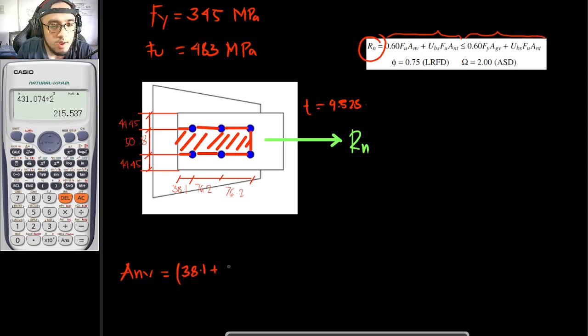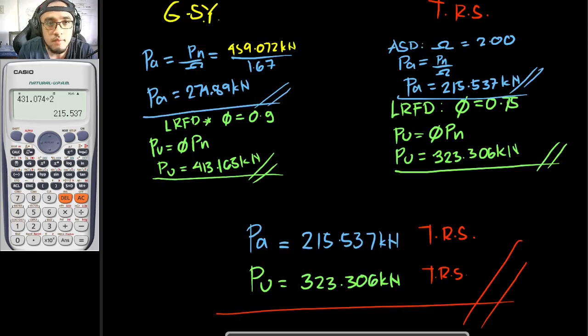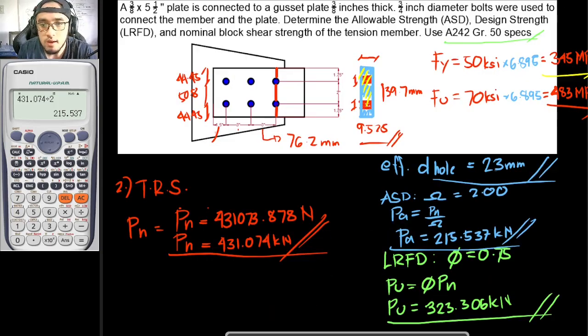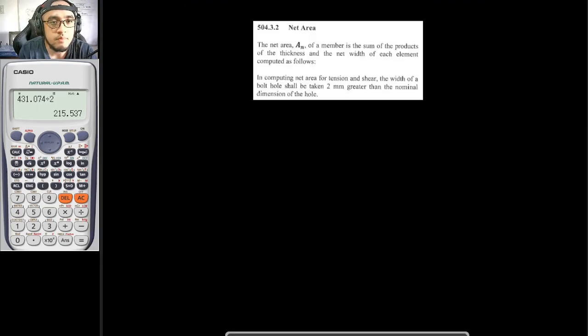So 38.1 plus 76.2 plus 76.2. That is this whole dimension right here up to this center, and this is to be 76.2. After which we would be subtracting the hole dimensions. From the previous one, the effective diameter of the hole is to be 23 mm.